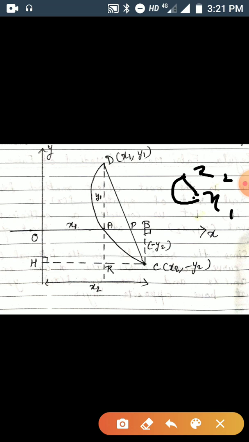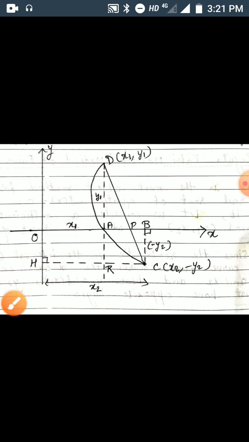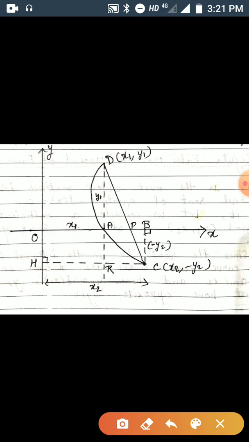And since x1 and x2 bracket the root, the curve crosses the x-axis between them. So we have taken D(x1, y1) here, and after crossing the x-axis we have taken C(x2, -y2) here.